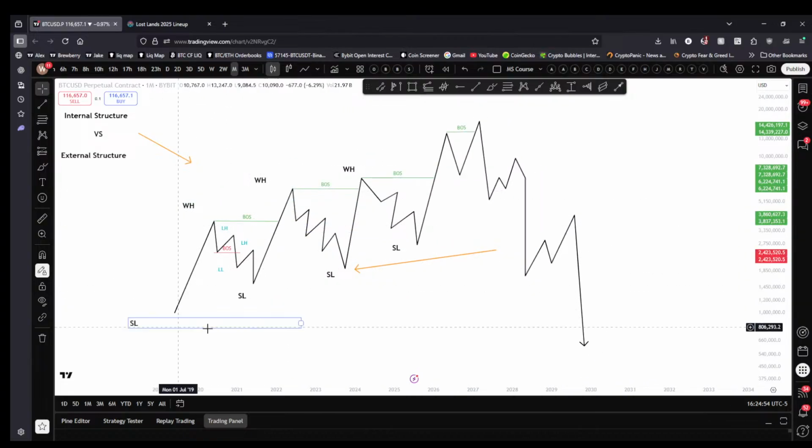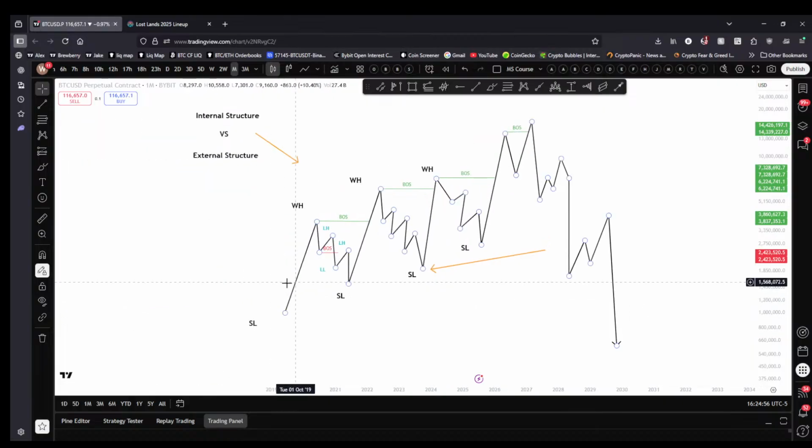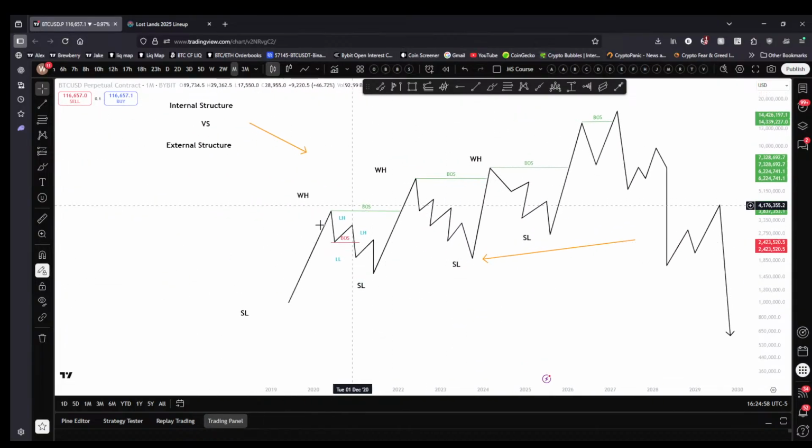Now, how can we use this? Why is this important? Well, this is important because you want to trade in the direction of the trend, and you want to enter the trade in the highest probability area where the price is likely to continue or resume the trend, right? We understand that these are impulse moves, and these are corrections.